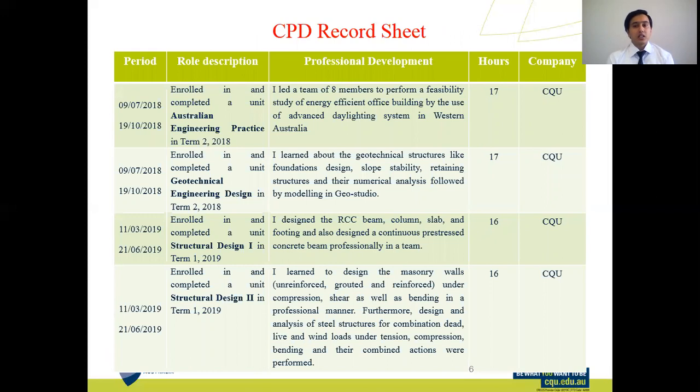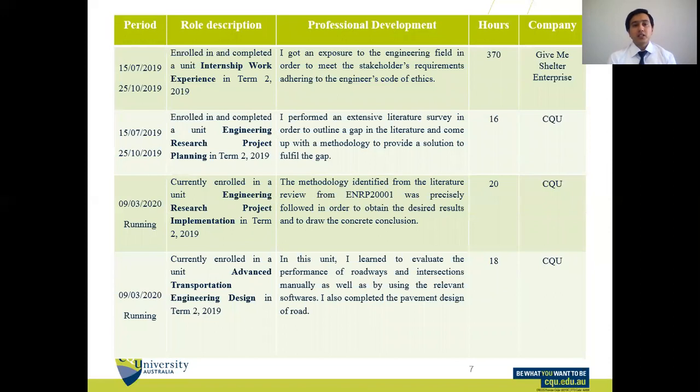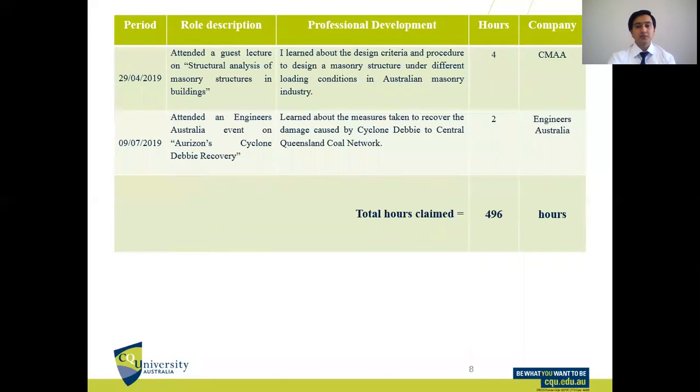This is my CPD record sheet, in which I have claimed 17 hours from Australian engineering practice, 17 hours from geotechnical engineering design, 16 from structural design 1, again 16 from structural design 2, and 370 hours of CPD from internship work experience, 16 hours from engineering research project planning, 20 hours from implementation of the planning, and 18 hours from advanced transportation engineering design.